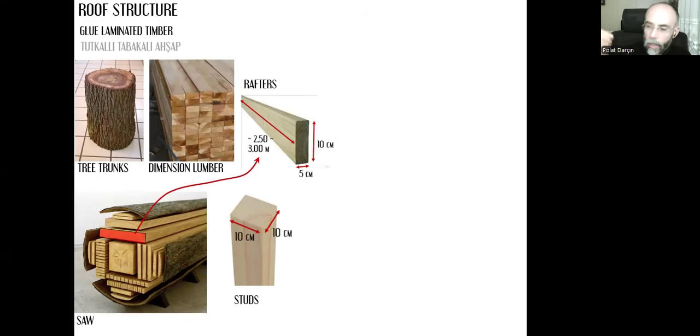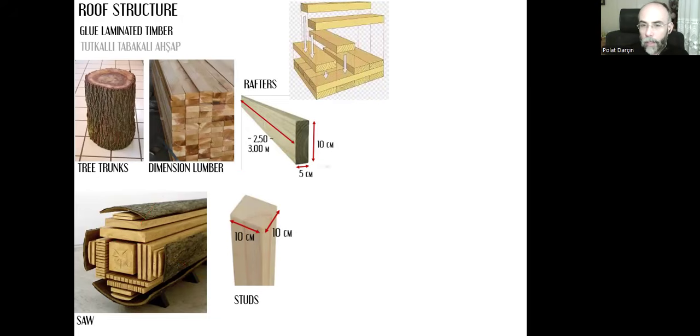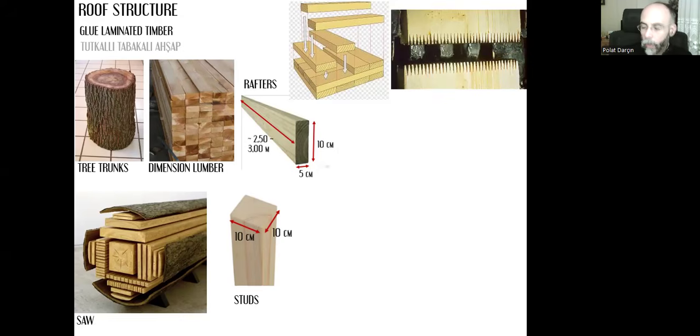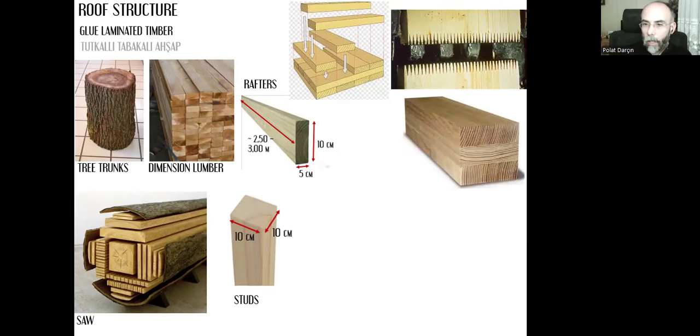But this is a single timber piece. And instead of using a single timber piece, because we have limits for the length obviously here, we can use many timber pieces and we can connect them together and glue them together to create bigger pieces, much bigger pieces.